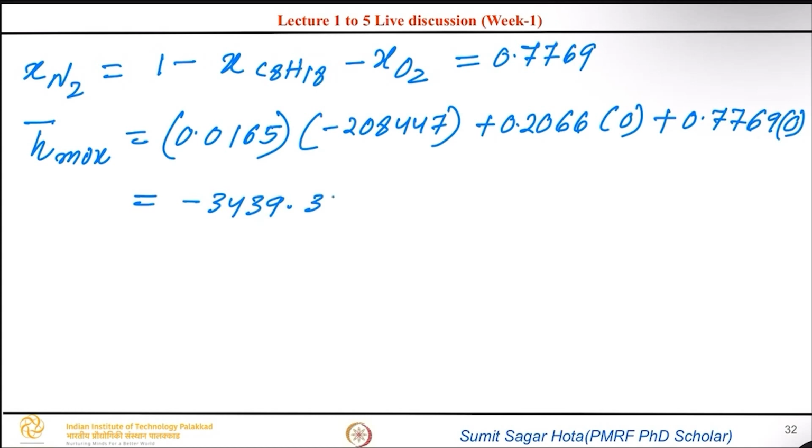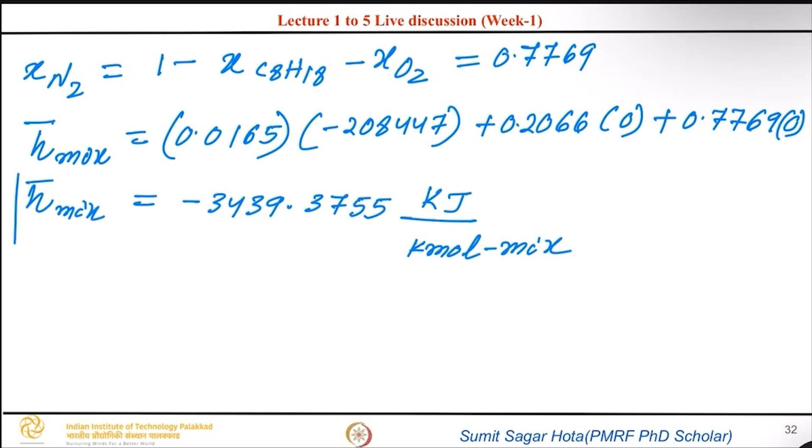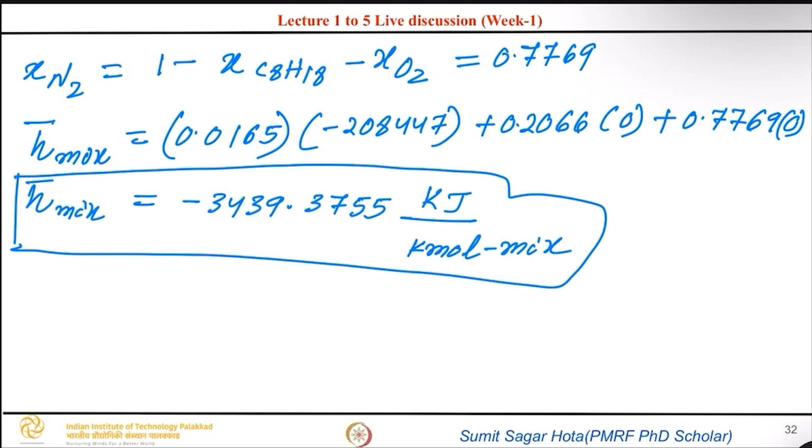So, substituting all the values, we get the value as minus 3439.3755. Okay, kilojoule per kilomole of mixture, because here I already calculated based on the mixture. Okay, mixture molar enthalpy, we just calculated.